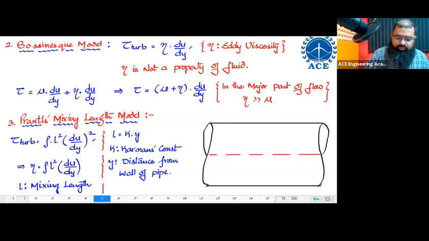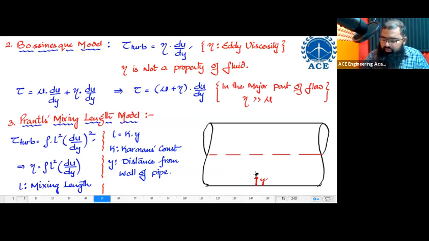Now there is a fluid particle I'm considering. This fluid particle is at a distance of y from the wall of the pipe.